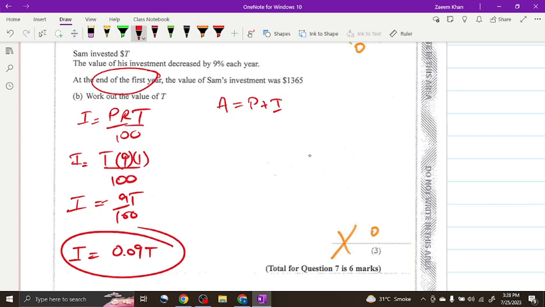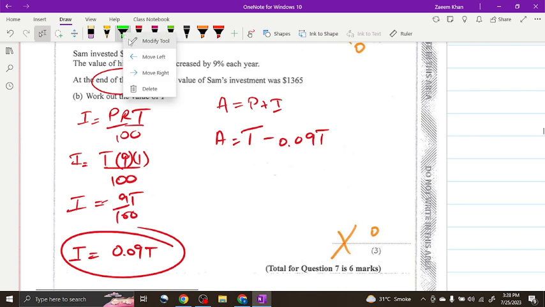Okay. So amount is equal to what's the principal that he invested right at the beginning? T. How much has he lost out on? 9%, so that's 0.09T. Remember, we did this yesterday. In fact, you told me that this plus sign is going to change into a minus because it's decreasing.